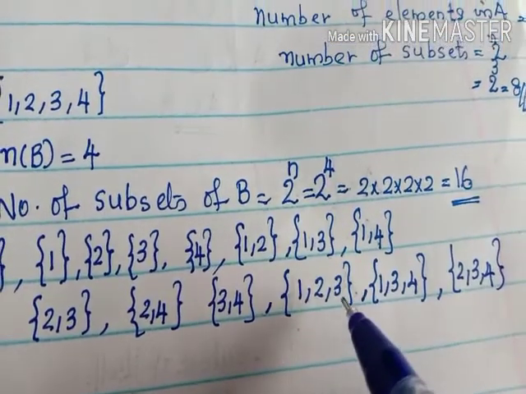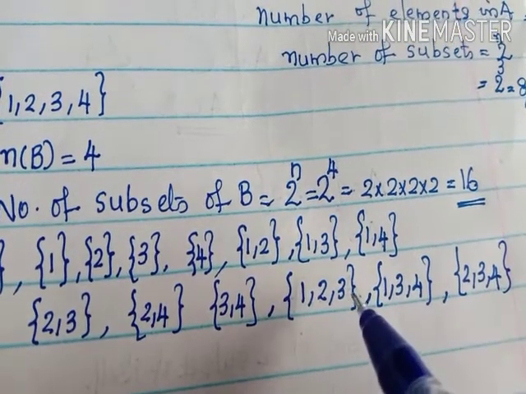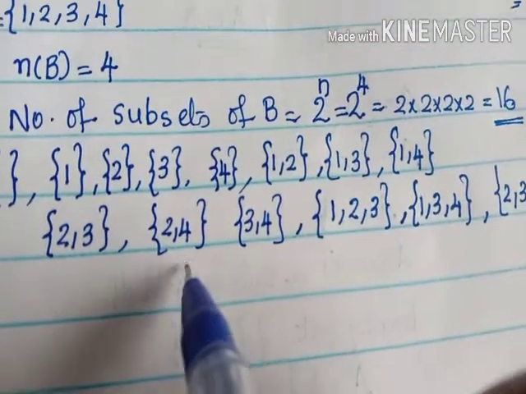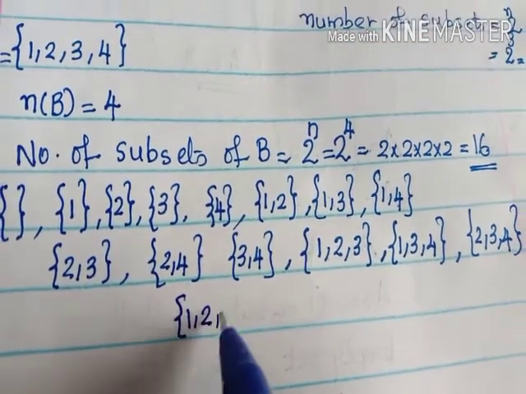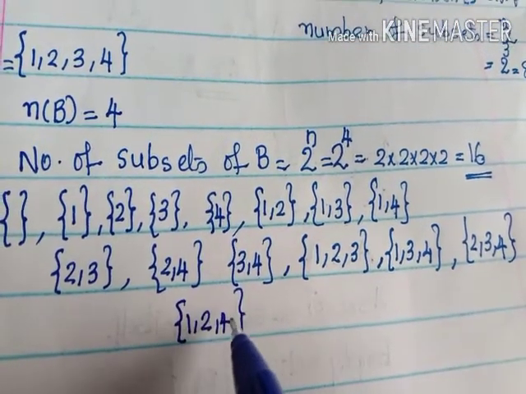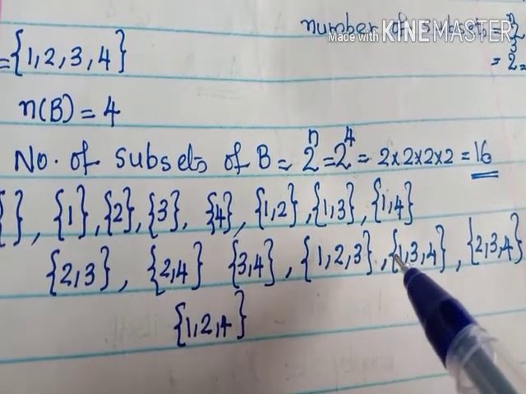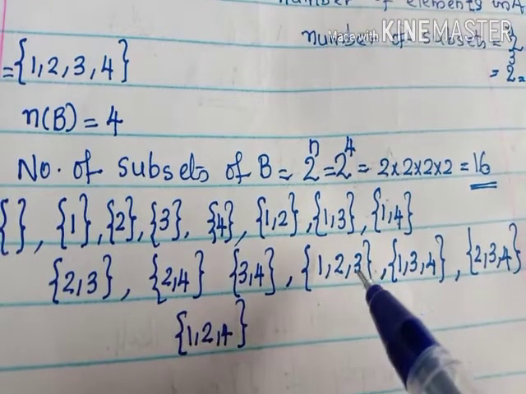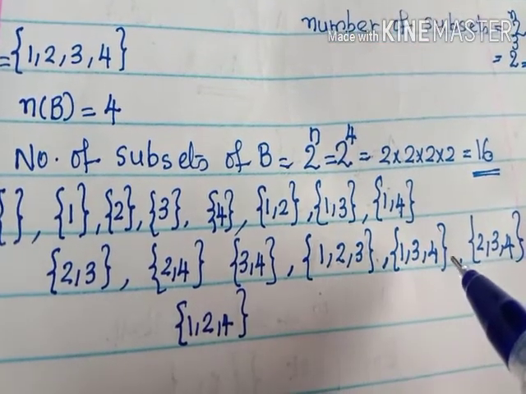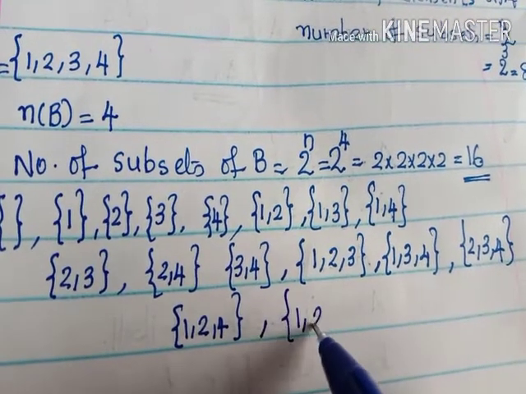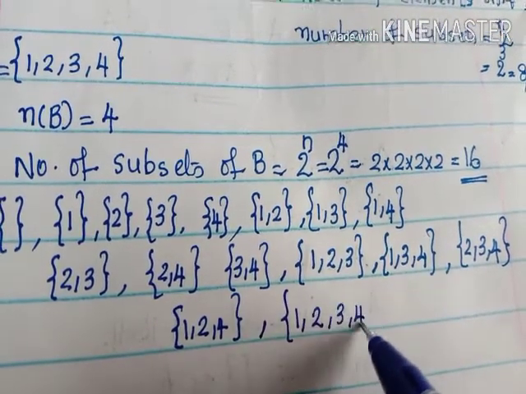Okay, one more set, {1, 2, 4}. You just go through the sets to check whether any is repeated or not. It's no problem. {1, 2, 3}, {1, 3, 4}, {2, 3, 4}, {1, 2, 4}. And finally, the given set {1, 2, 3, 4}.